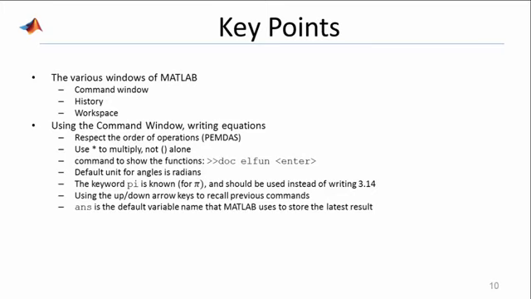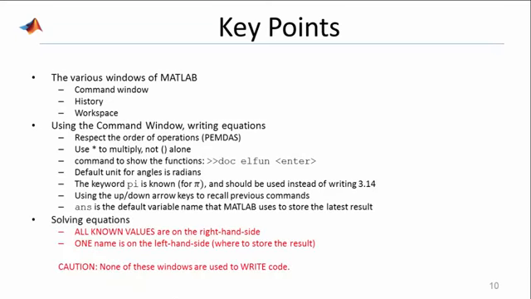And ans is the default variable name that MATLAB uses to store the latest result. As far as solving equations, we have to solve them first on paper before we can code them. All known values need to be on the right hand side of the equal sign. And the one name that's on the left side is the one unknown you're trying to solve for.